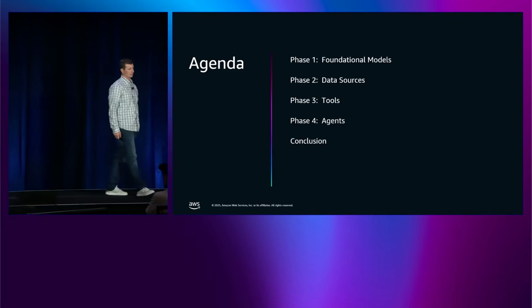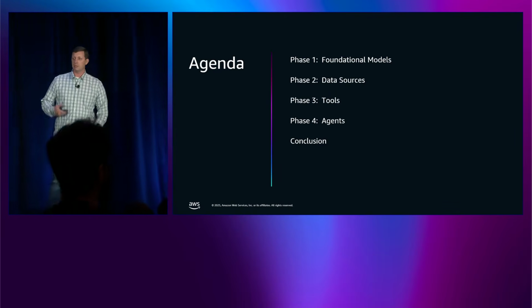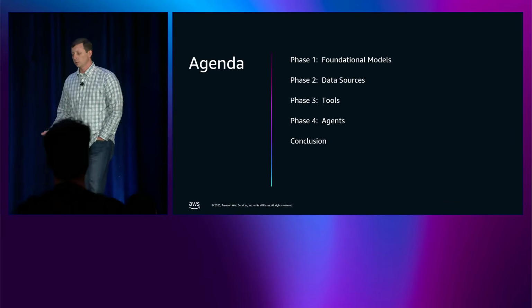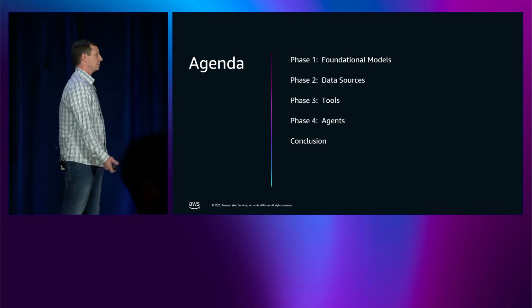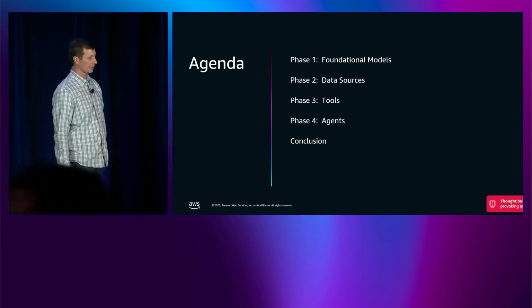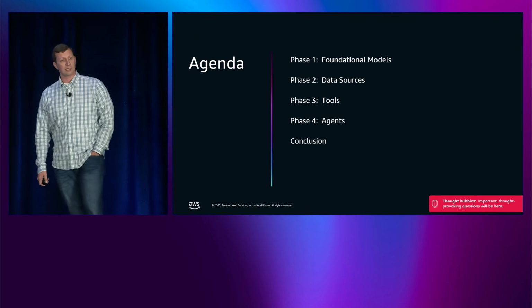Awesome. All right. The way that we have this presentation structured, we break it up into different phases. The reason we call it phases is that depending on where you are building different AI workloads, will determine exactly what type of security you're looking at, whether you're doing things with tools, agents, data sources, other things like that. Throughout this presentation, we'll have these little thought bubbles at the bottom.